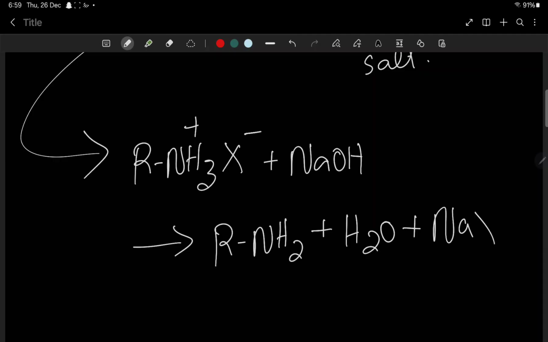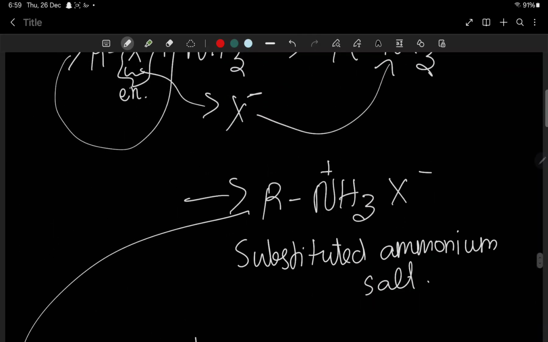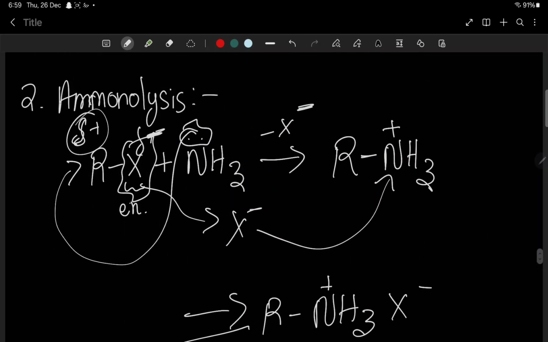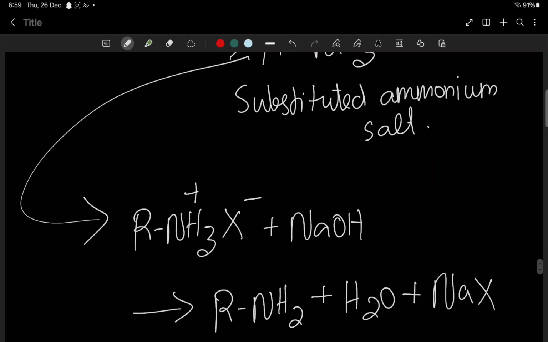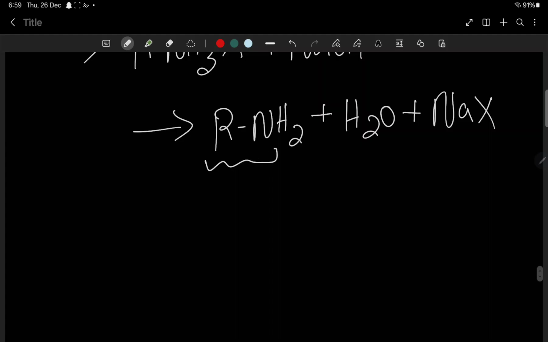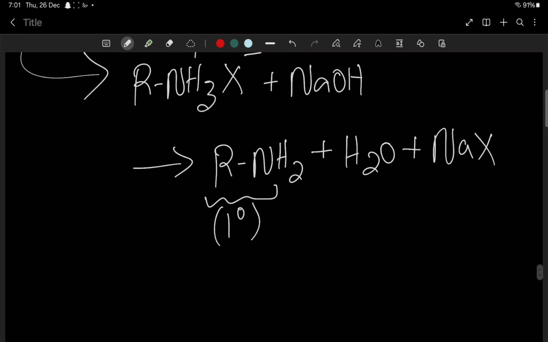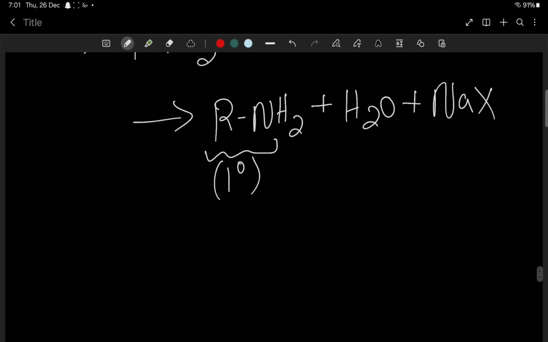So first of all we added ammonia gas to a haloalkane. After that we get the substituted ammonium salt. Into it we add a base, and we get what? Amine. What amine? Primary amine. So we are getting a primary amine.